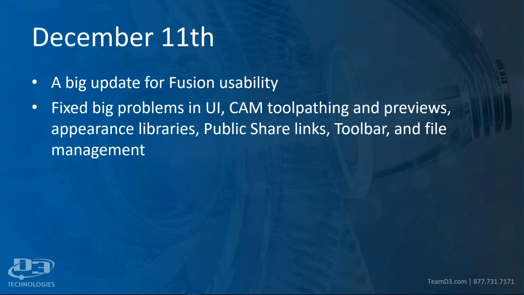Let's see, the public share link, which is an amazing tool within Fusion, allowing you to essentially link someone to a 3D viewer. They can check it out, they can perform sectional analysis on it, measure it, and then they can export it if you enable it, export it as a file of their choice. Really a fantastic feature of Fusion, really sets it apart. They refined that and fixed some of the persistent problems.